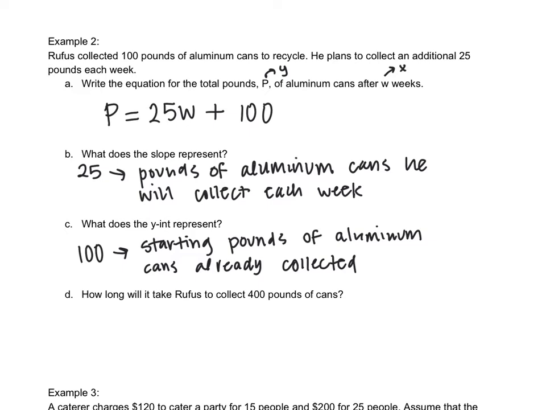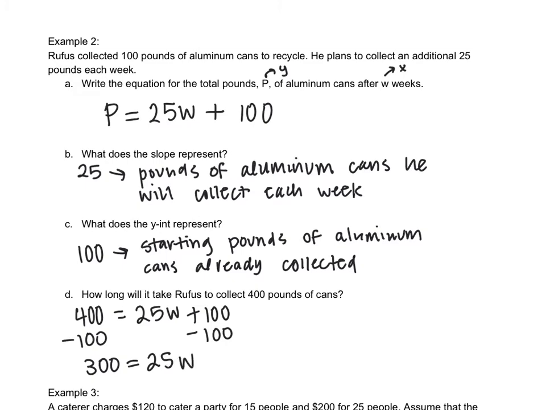And then in D, we want to know how long it will take Rufus to collect 400 pounds of cans. So we know how many pounds we want, 400, equals our equation 25W plus 100. We want to solve for the number of weeks. First we subtract 100, so we get 300 equals 25W.